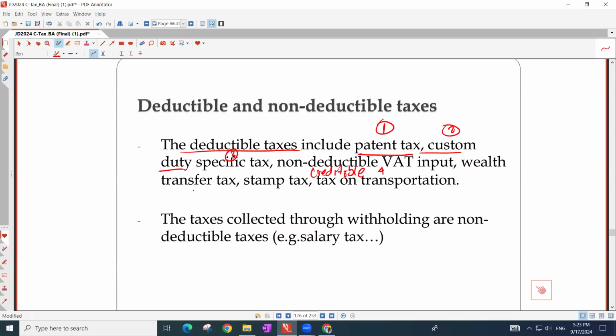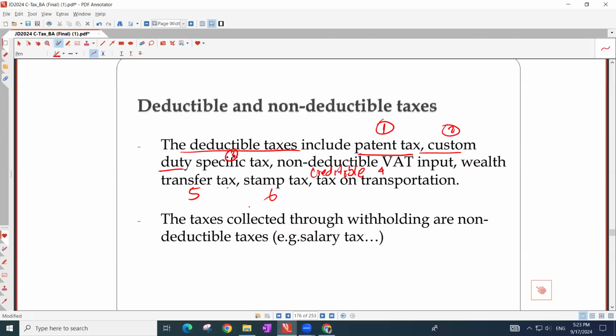For transfer tax or stamp duty, stamp tax, maybe you can see it on a bottle of wine, whiskey, or cigarettes. That's a stamp. You can see the sticker that we call stamp tax.